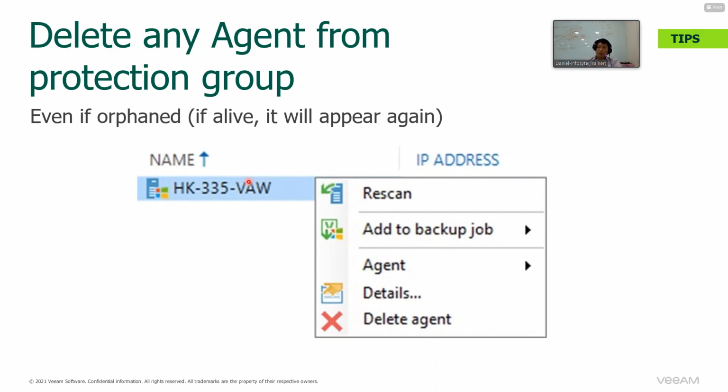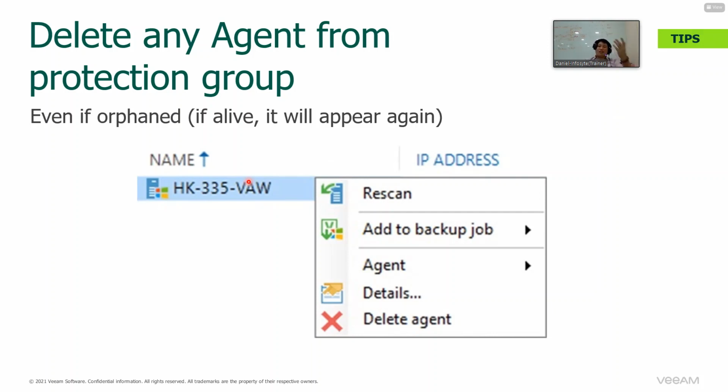In older versions, if you have a machine like this, you are basically stuck. Why? When you try to delete the agent, VBR will try to remove or uninstall the agent software, and if it is not able to uninstall the agent software, then you're stuck. This happens a lot, especially for offline machines, because the machine is already gone.